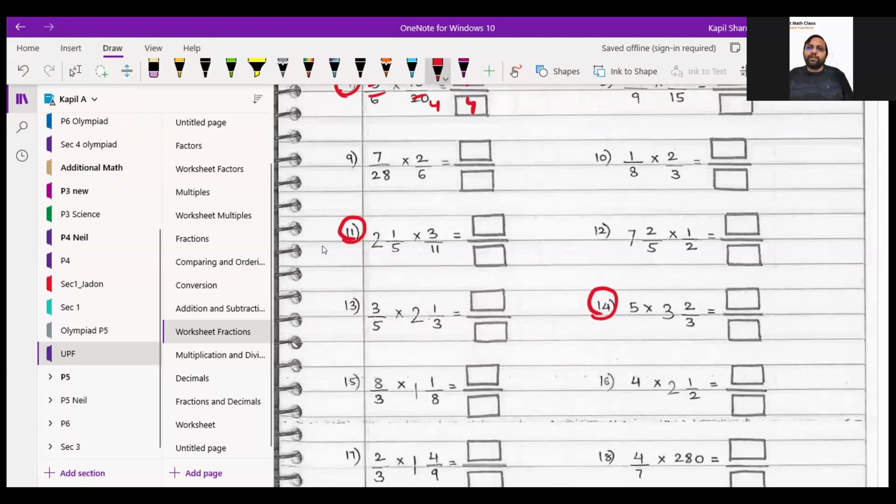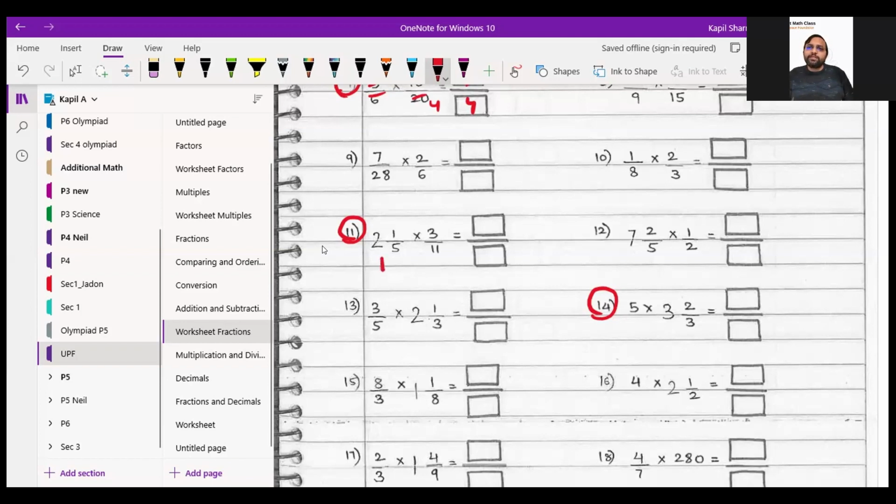2 and 1 upon 5 times 3 upon 11. No, Swastik.